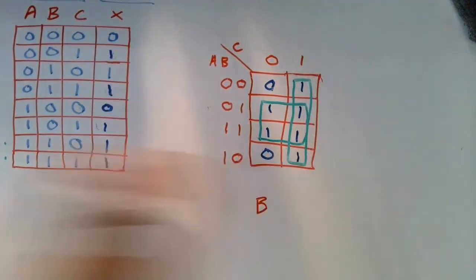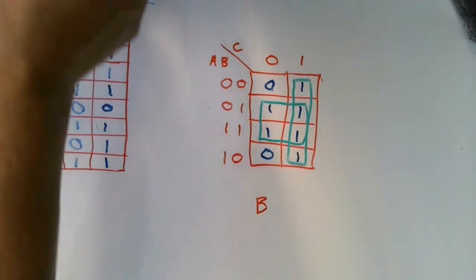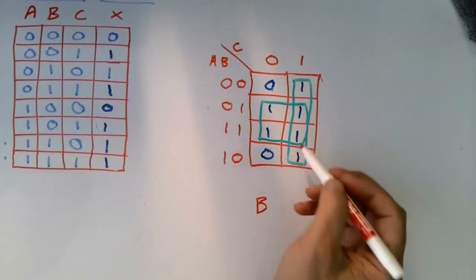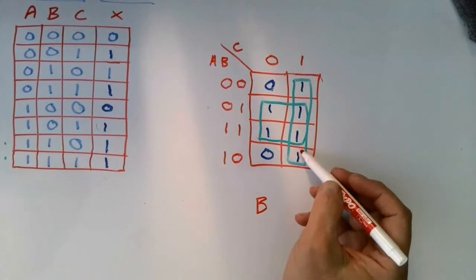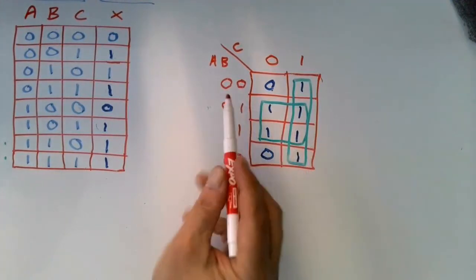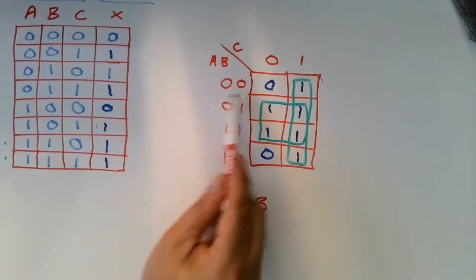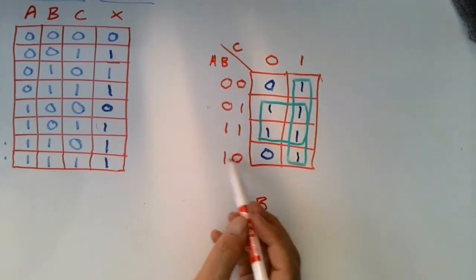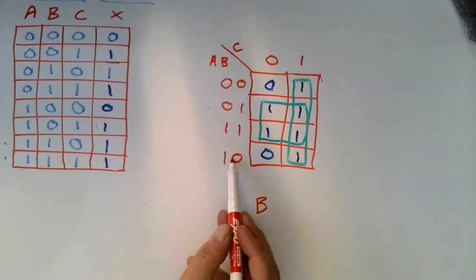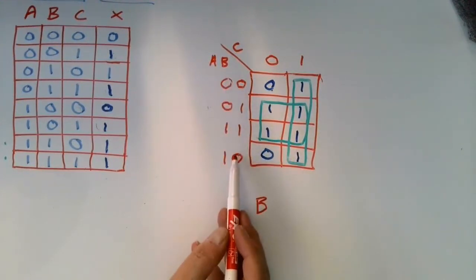Now, how about in this case here on the right? All of these are 1 in this column. Okay? And if you look at it, though, from any one of these combinations going from top to bottom on the rows, everything is transitioning for A and B. There's no case where they're the same.